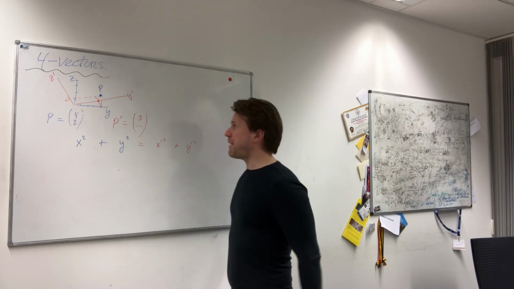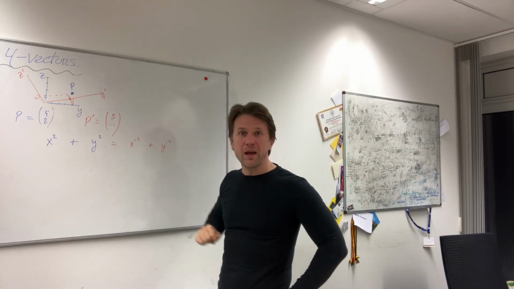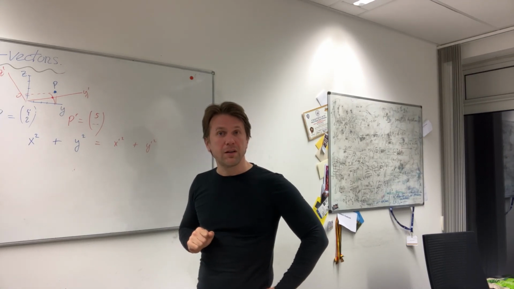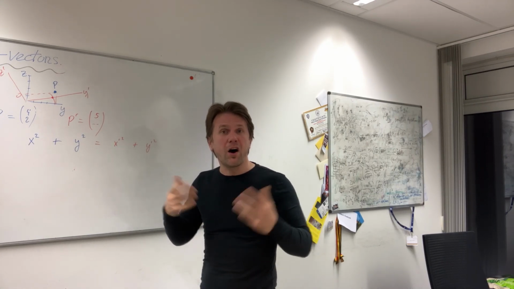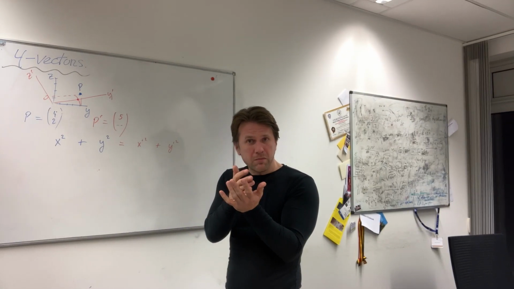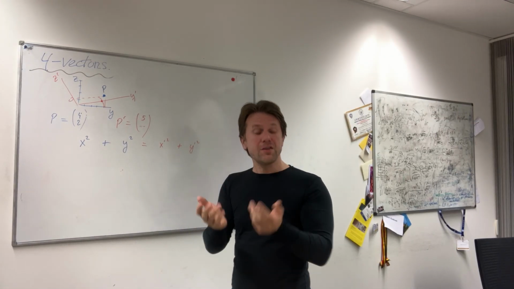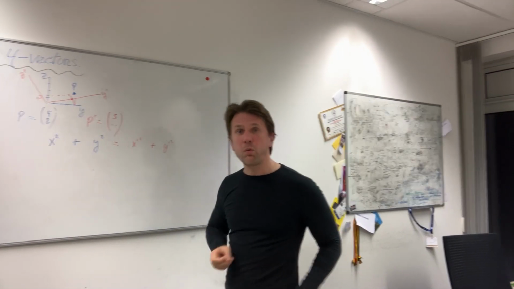Now let's go to special relativity, because in special relativity you also have combinations of numbers that are always the same. And again, that combination of numbers, sure, the numbers themselves might change, but the combination stays the same. And we already know what those numbers are.